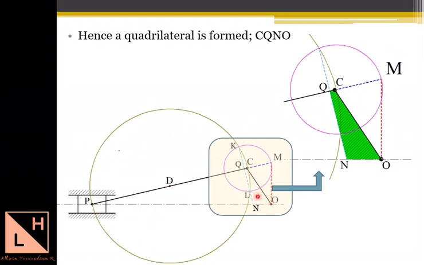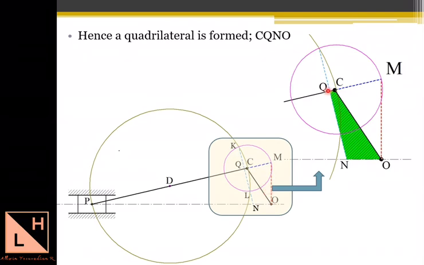This crank is going to only rotate with respect to O. Since the length is already related to the crank and the same side is present here in the acceleration diagram, this side CO is going to represent the acceleration of the crank in radial direction. Since it has only rotational motion, you don't find any tangential component of acceleration, but only radial component of acceleration will be found for this crank OC.